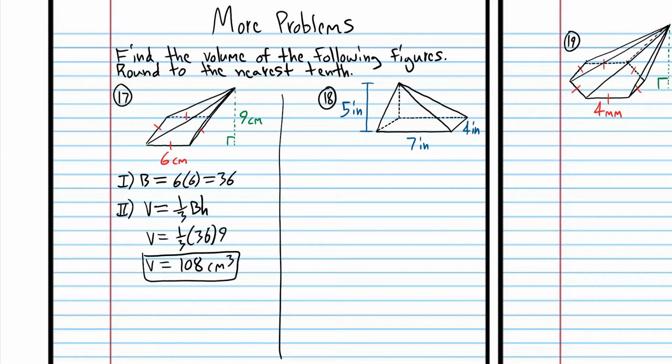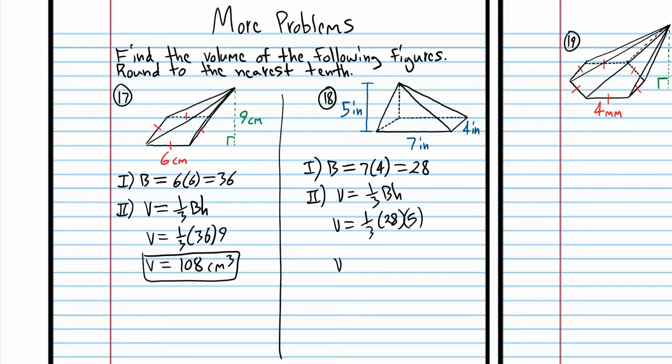All right, we're back. So step 1, the base area is equal to 7 times 4 because it's just a rectangle, and therefore the volume is equal to 1/3 times the base area times height. Base area is 28 and the height is 5.